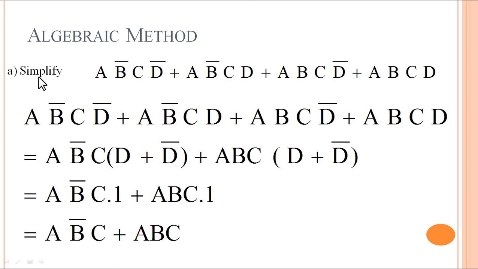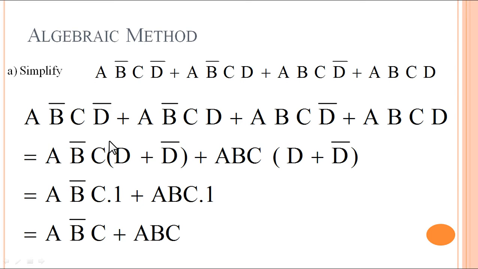Algebraical method simplification. Example number 1: simplify A into B bar into C into D bar plus A into B bar into C into D plus A into B into C into D bar plus A into B into C into D. Considering the value, the same value has been represented.